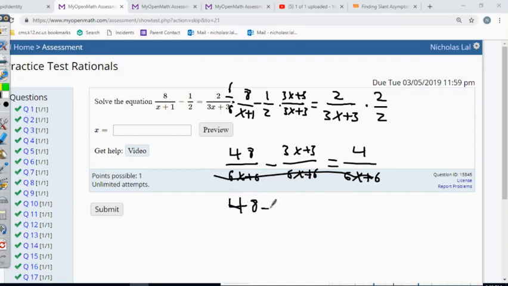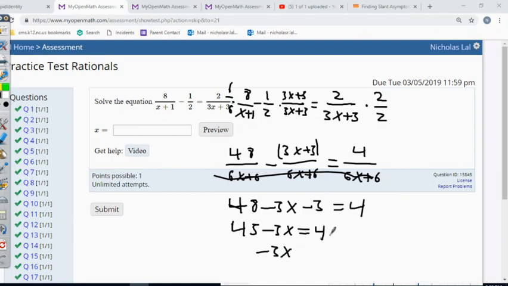48 minus 3x minus 3 is equal to 4. 45 minus 3x is equal to 4.